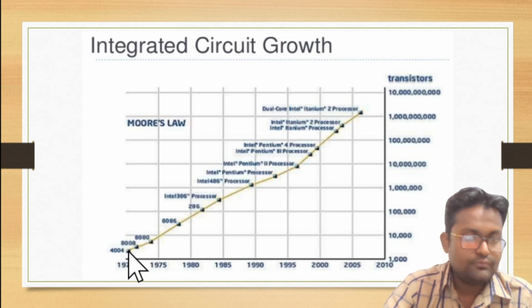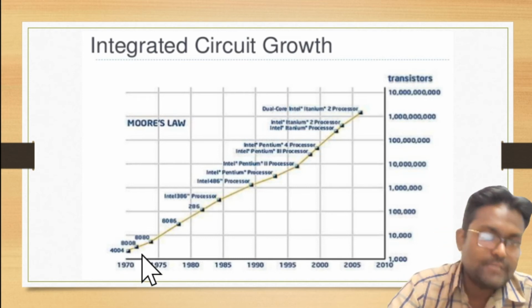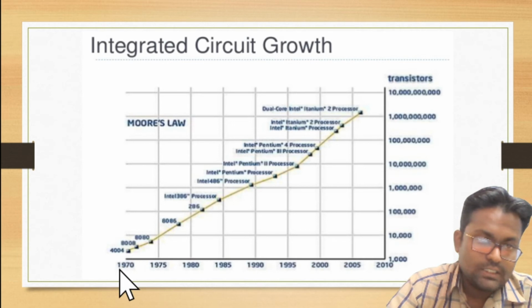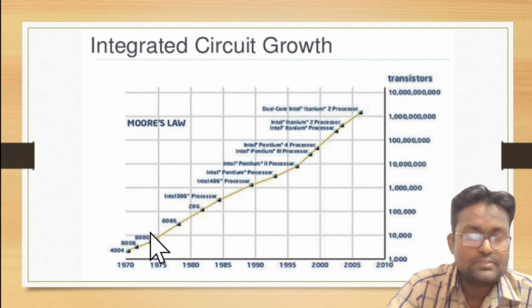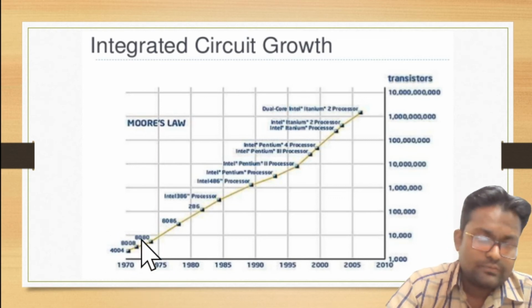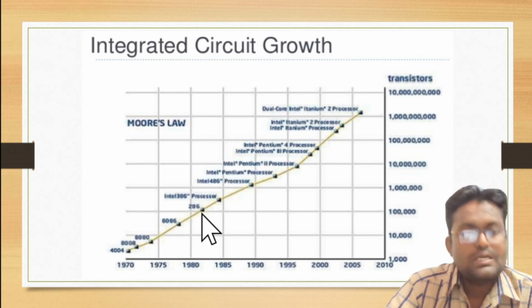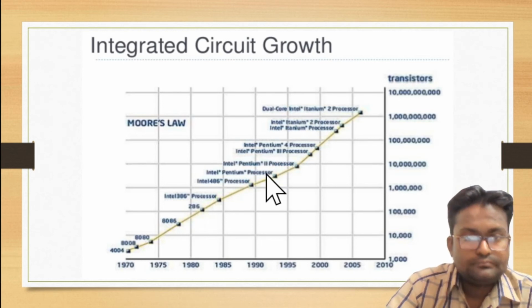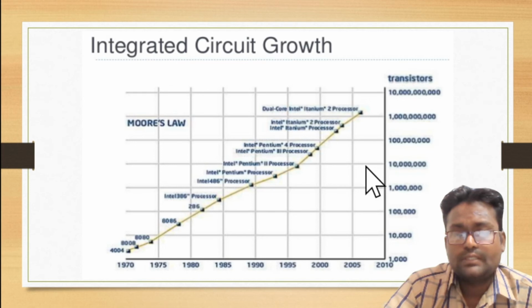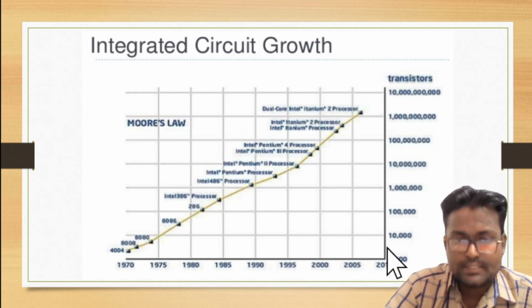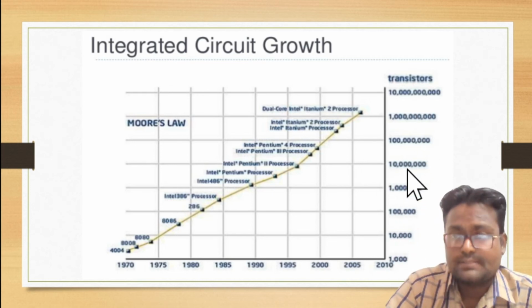In 1970, the 4004 processor was developed, and between 1970 and 1975, the 8008 and 8080 processors were developed. In successive years, new processors were introduced, and the number of transistors regularly increased.